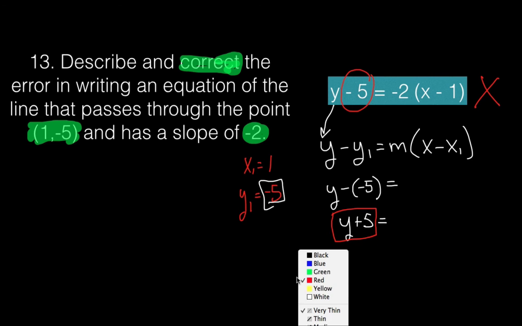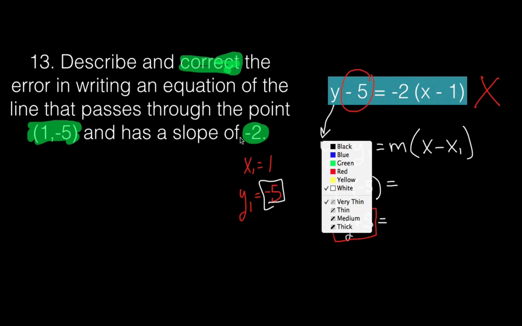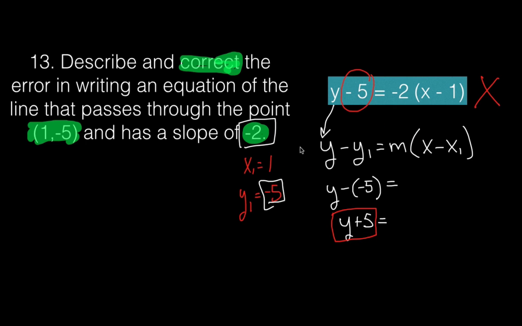Let's continue and see if we can find any more errors. My slope is negative 2. Let me go back and check. Yep, my slope is in fact negative 2. So minus 2 times x minus, and then what's my x1? x1 is 1, so x minus 1. And that's exactly what I have up here. So the right side of the equation is good.